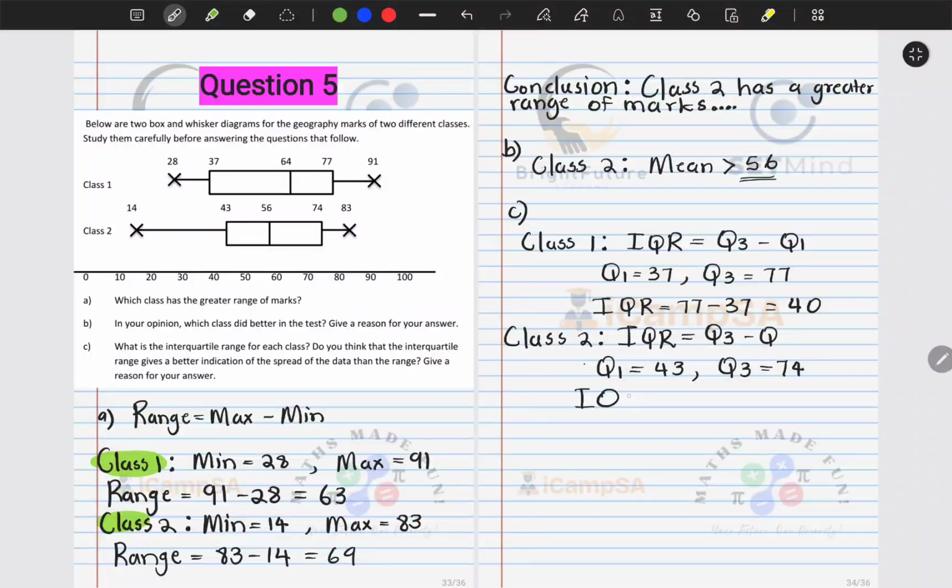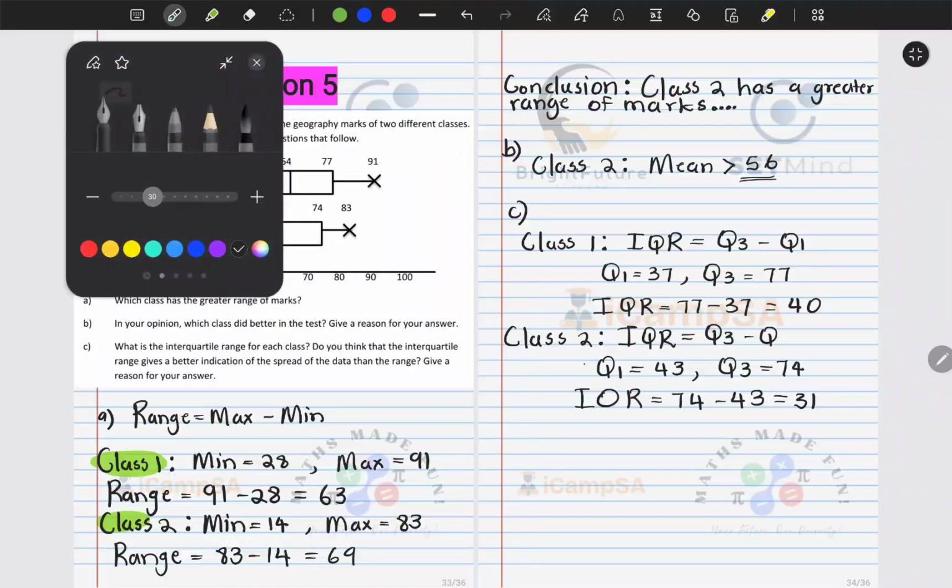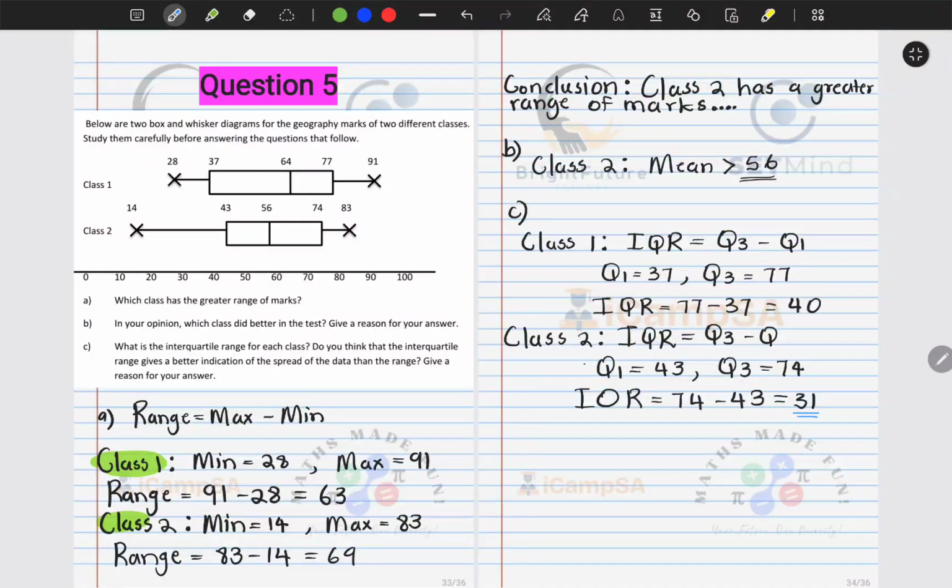Then your IQR will simply be 74 minus 43, and this becomes 31. Okay. So class 2, if you look carefully, has an interquartile range that is slightly smaller than this one here.